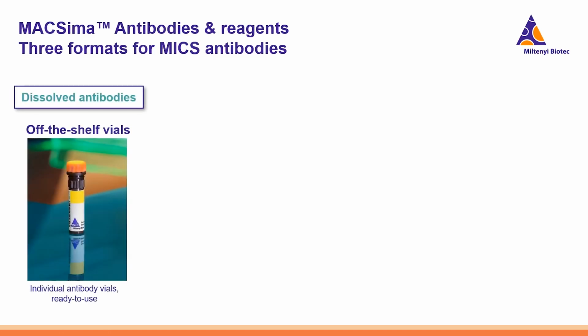The first one are the dissolved antibodies. So our pre-tested antibodies for the MICS technology come in these off-the-shelf vials, which offers you a high flexibility to design your own antibody panel, and then you can pipette the different antibodies in your 96 well plate like you would like to have it.